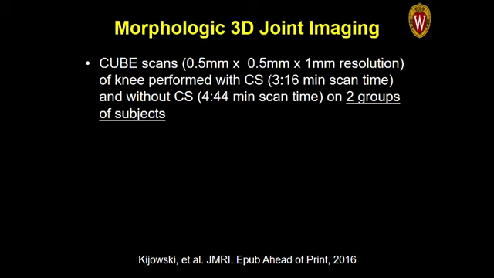We at University of Wisconsin performed a study along with our collaborators from GE Healthcare in which we acquired CUBE scans using the same imaging parameters of the knee with and without compressed sensing on 2 groups of subjects.